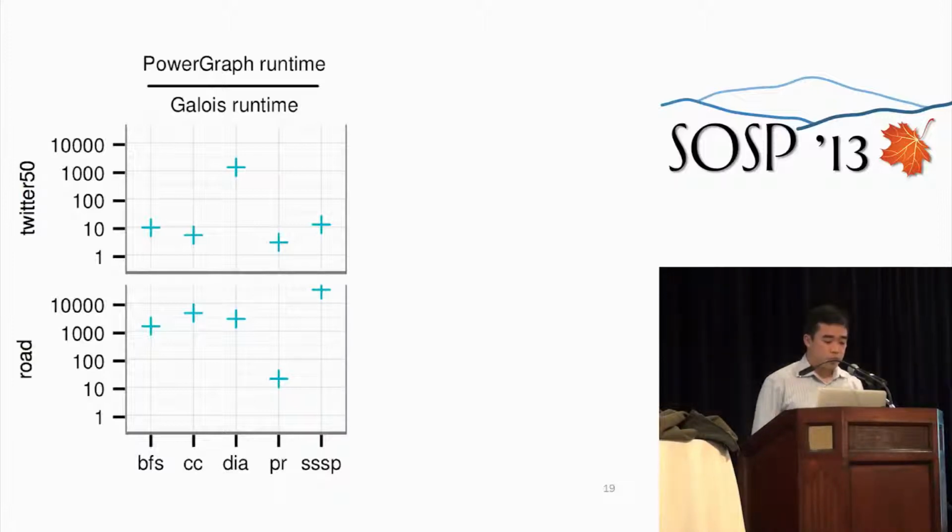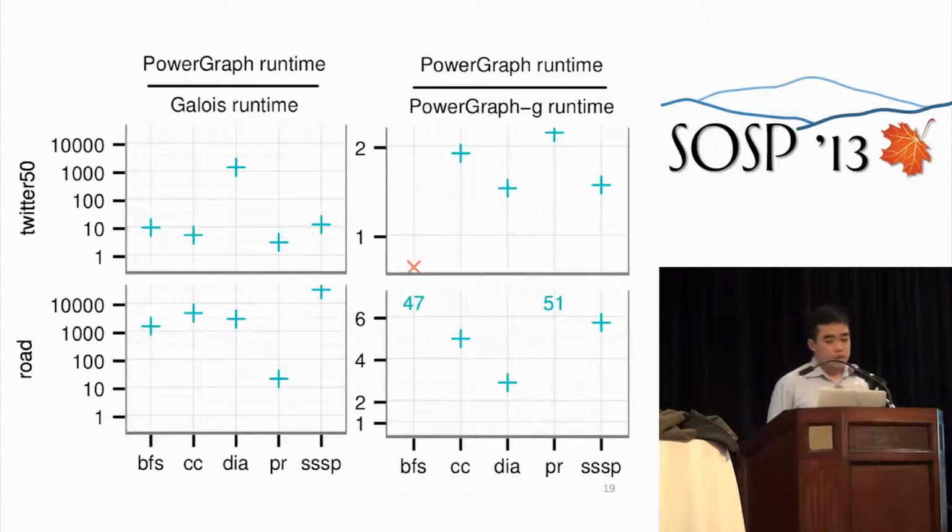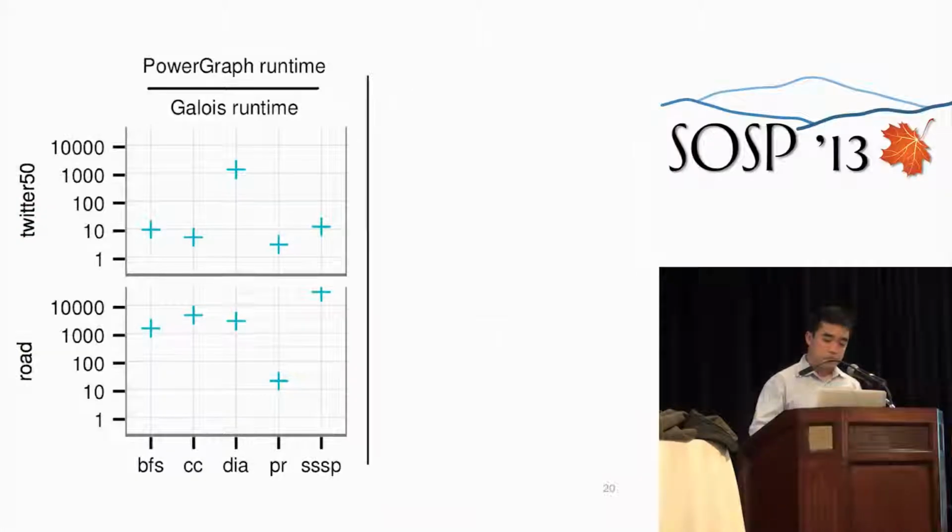Here, we can see performance improvements up to 1,000x on the Twitter graph and up to 10,000x on the road network. Again, we did a comparison with PowerGraph versus PowerGraph-G, and again, we can see that in many cases, it's much better to run PowerGraph programs on top of Galois rather than running the PowerGraph system itself. In some cases, we can achieve speedups up to 50x.